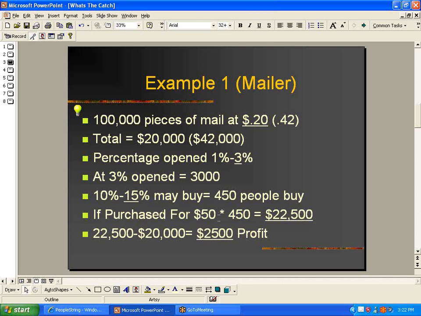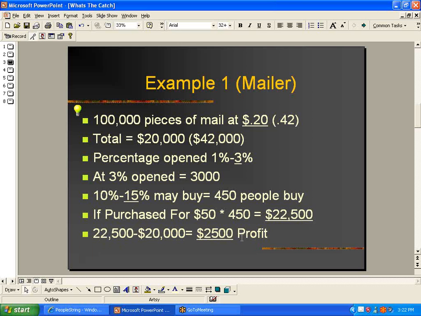If 450 people purchase something, let's say they spent $50 on each item, you're looking at $22,500 of revenue that came in, obviously not including expenses that month. So when you take away the cost of the mailer, which is $20,000, you're left with a profit of $2,500.